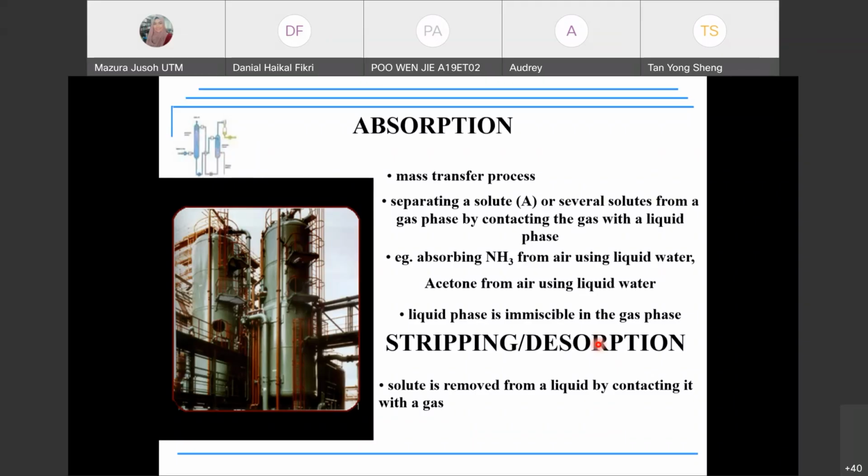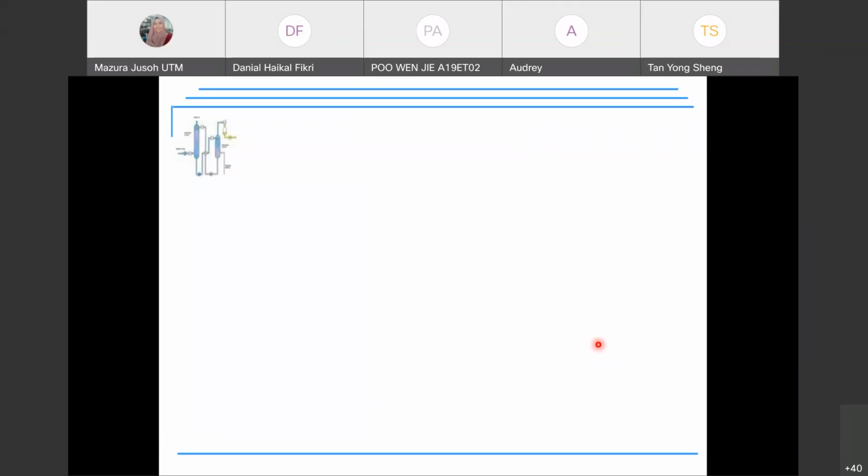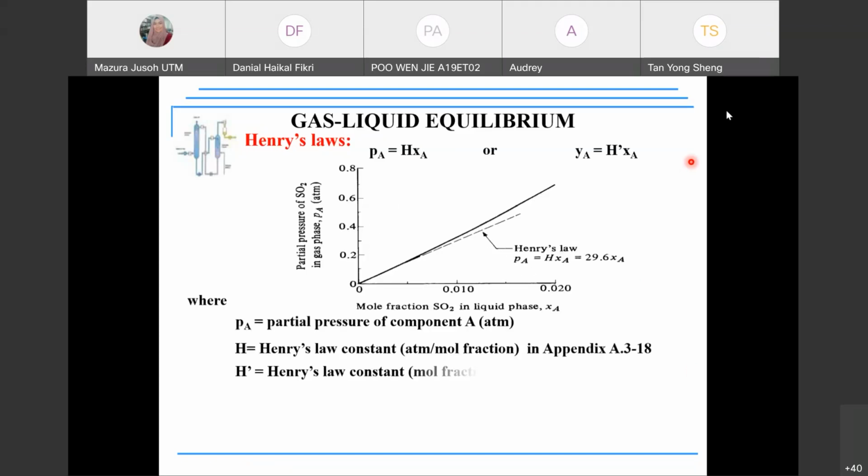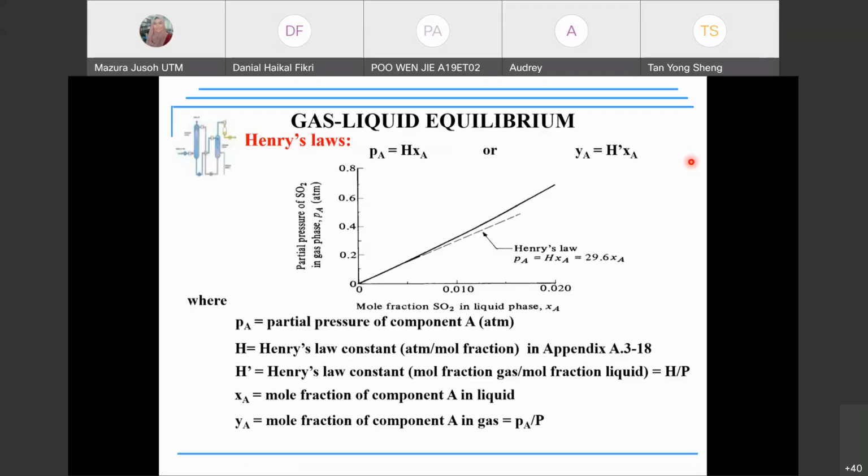Before we go into the calculation or the design of an absorption column, first you will have to look at the gas-liquid equilibrium principle, where we will be looking at Henry's law.